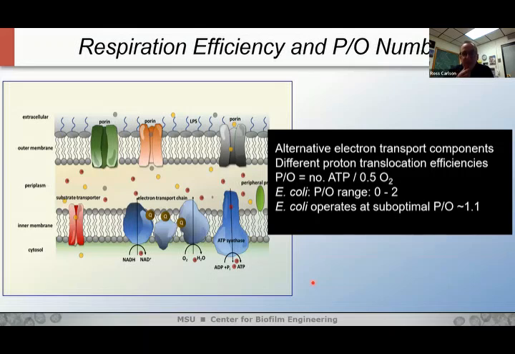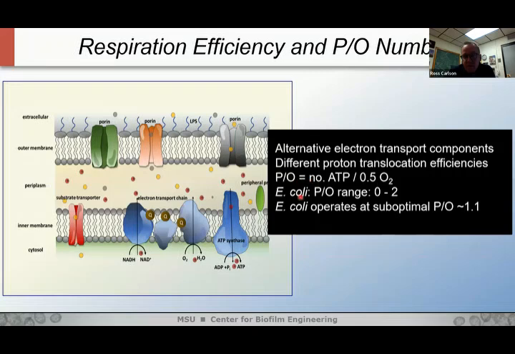Now, what about the respiration efficiency of these cells and the PO number? So if you're familiar with this concept of PO number, it's a way to quantify the efficiency of the electron transport chain. E. coli has a flexible electron transport chain. It has a number of different components that can be mixed and matched in different mixtures that result in PO efficiencies ranging from 0 to 2.